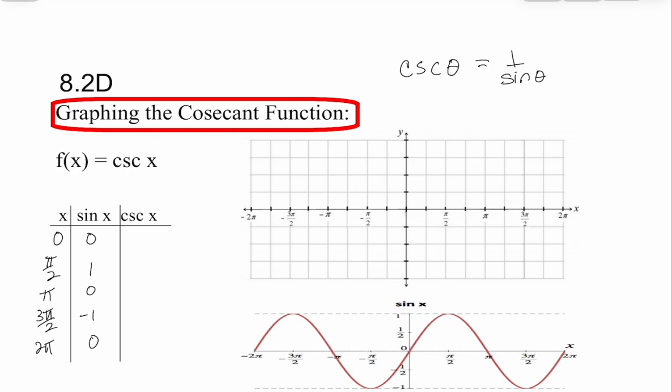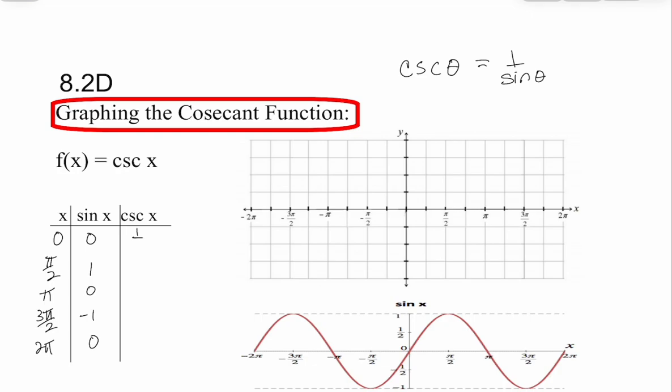So when we learned about the secant function, we learned that there were some vertical asymptotes. Well, our cosecant function looks almost identical, just shifted around a little bit. The cosecant is the reciprocal of whatever the sine value is.